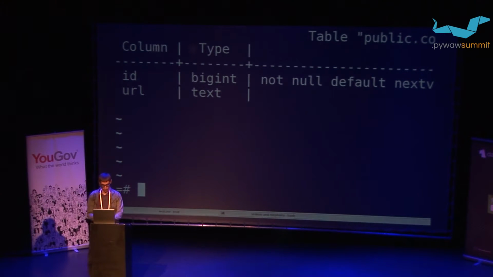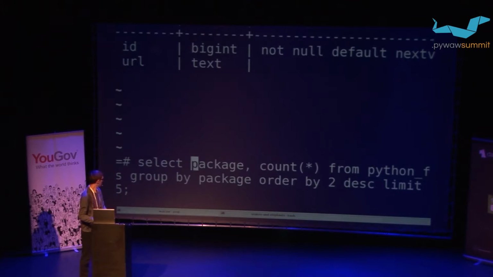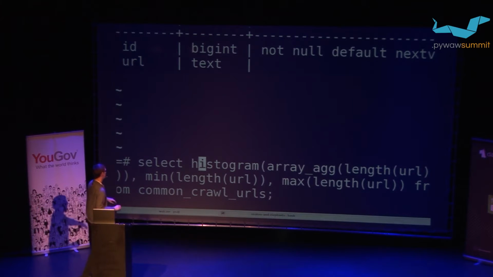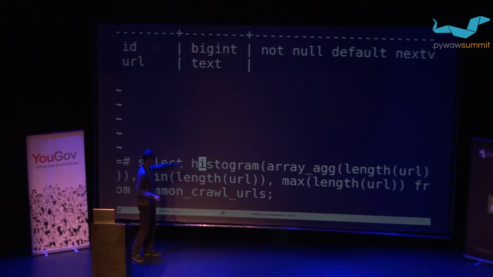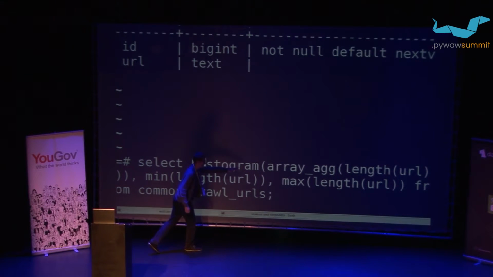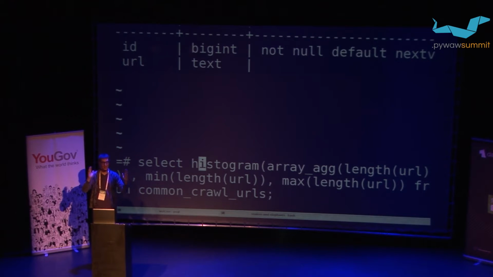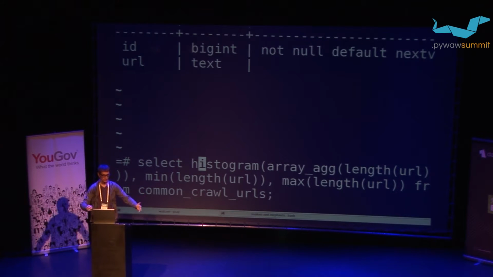So what I will do is I will get the histogram, right? Here I'm calling the histogram function, and I'm passing it an array, and the array is built out of the lengths of the URLs. So for each URL, I'm calculating its length. Then I'm building up an array of those numbers, and I'm drawing a histogram of those.